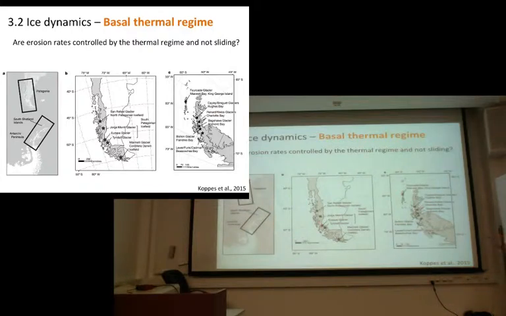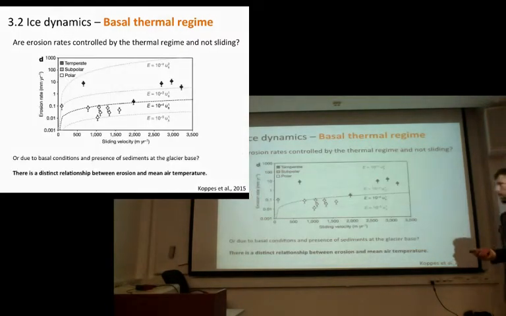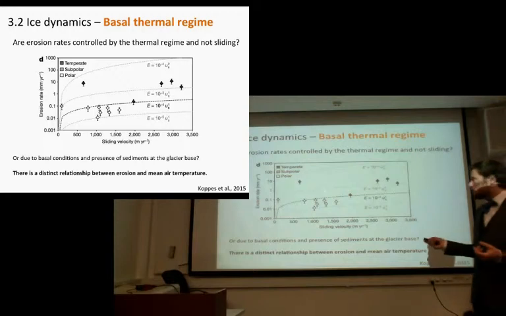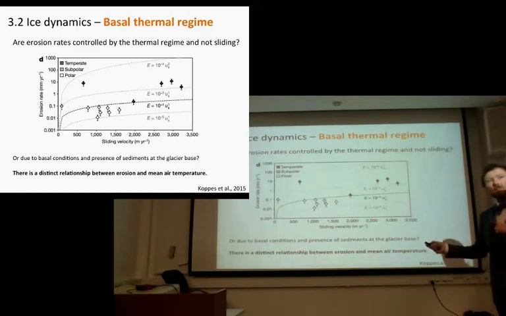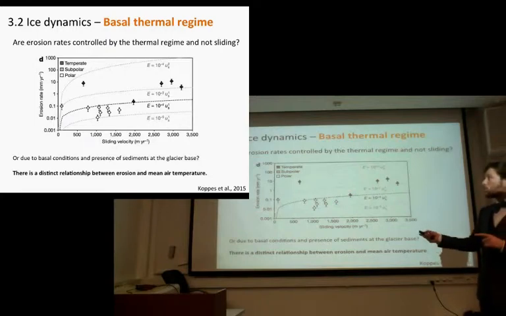You have some in the Antarctic Peninsula and in Patagonia. Here, we are looking at sliding velocity on the x-axis and erosion rate on the y-axis. I forgot to mention before, this is a logarithmic scale. This is very important. We pass from 0.01 millimeter per year to millimeters per year.